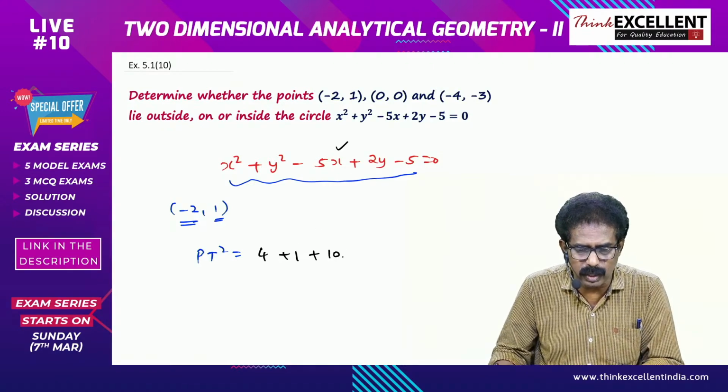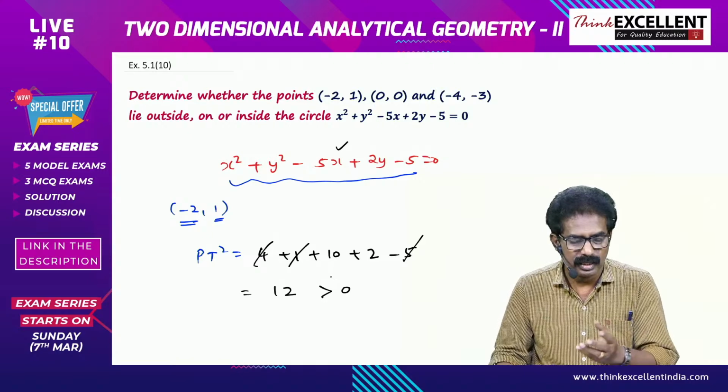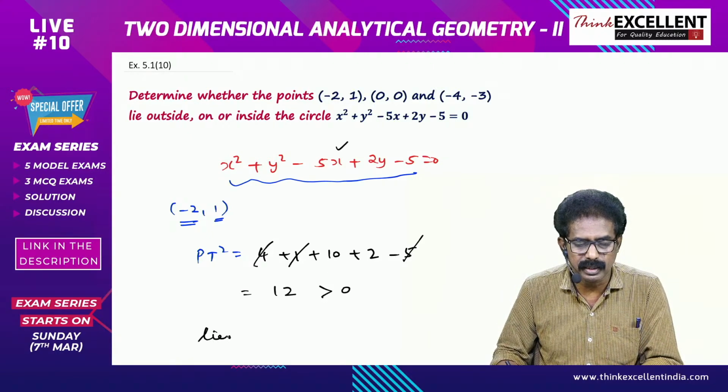For y we are giving 1, 2 into 1 it is 2, then minus 5. 4 plus 1 is 5, and minus 5 cancel; sorry, the total is 12. It is positive. When positive, what do you say? It lies outside the circle, right? So the given point lies outside.